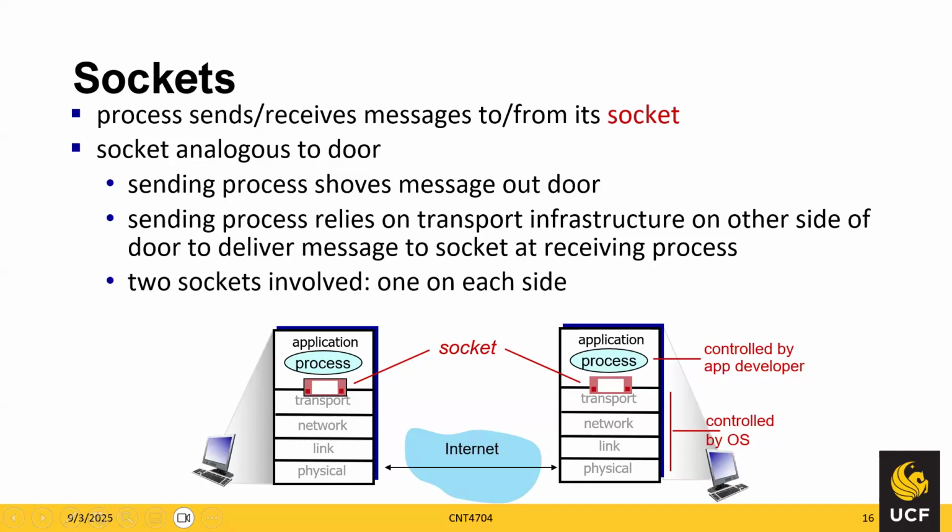To let processes on different hosts talk to each other, we need a socket. You can think of a socket as the doorway between the application process and the network. When a process wants to send or receive data, it goes through the socket. Think of it as the API that connects the application to the transport layer, like TCP or UDP.